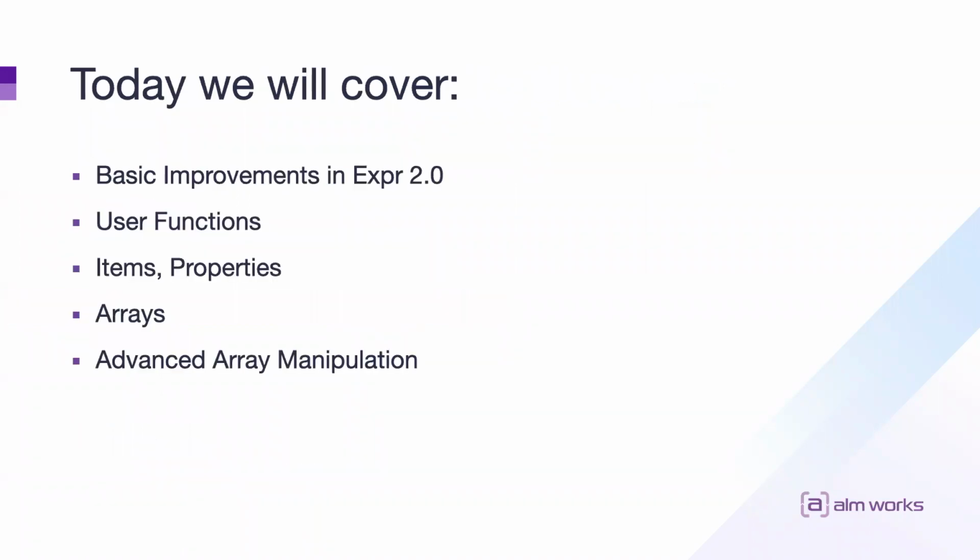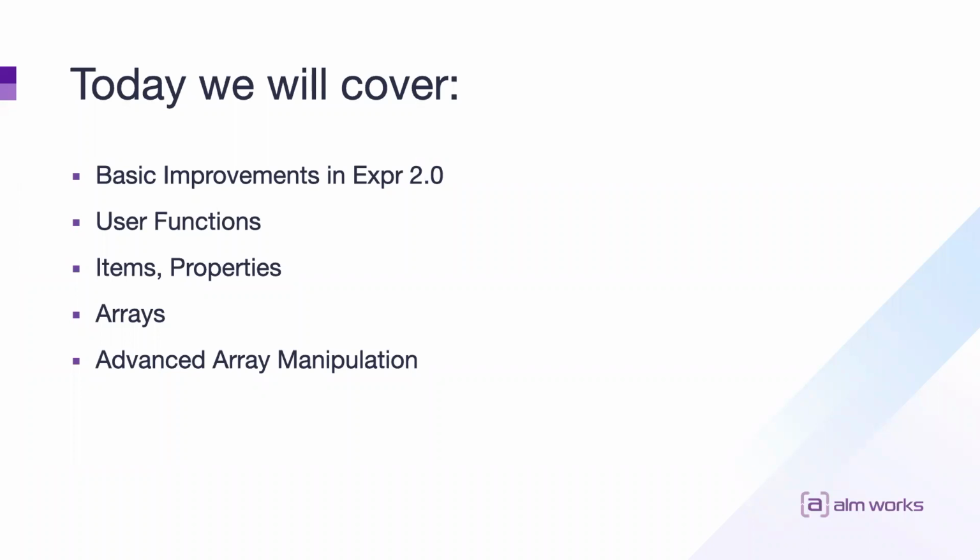But let's talk about today first. We're going to be covering 5 topics in relatively quick succession. We'll talk about some of the basic improvements in Expr 2.0, so what's come out since 7.0 of structures launched. Then we're going to go into user functions, which is just a great way for you guys to write your own Expr functions that you can keep referencing.